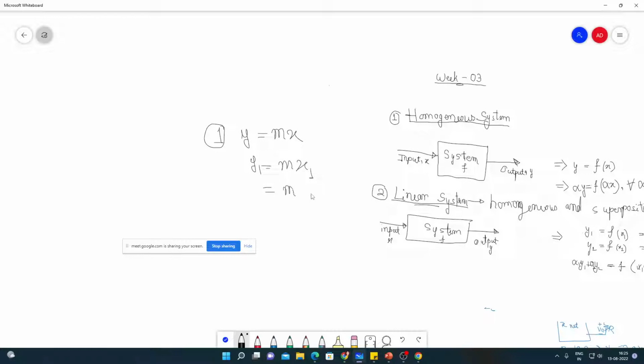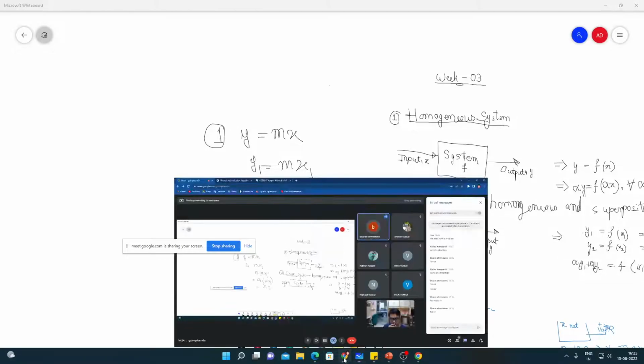If we multiply the scalar with the input, so m into, let's say, alpha 1 x1, what can I write? Alpha 1 into m x1. So I can write it to be alpha 1 y1. Yes sir, okay, I was confused with that m scalar quantity. No issue. So now it's okay? No confusion? No sir, no confusion.